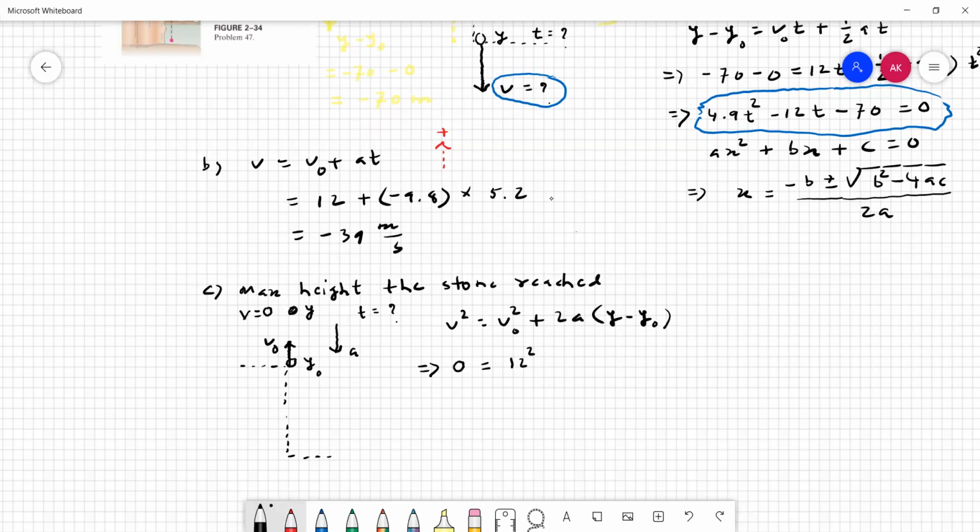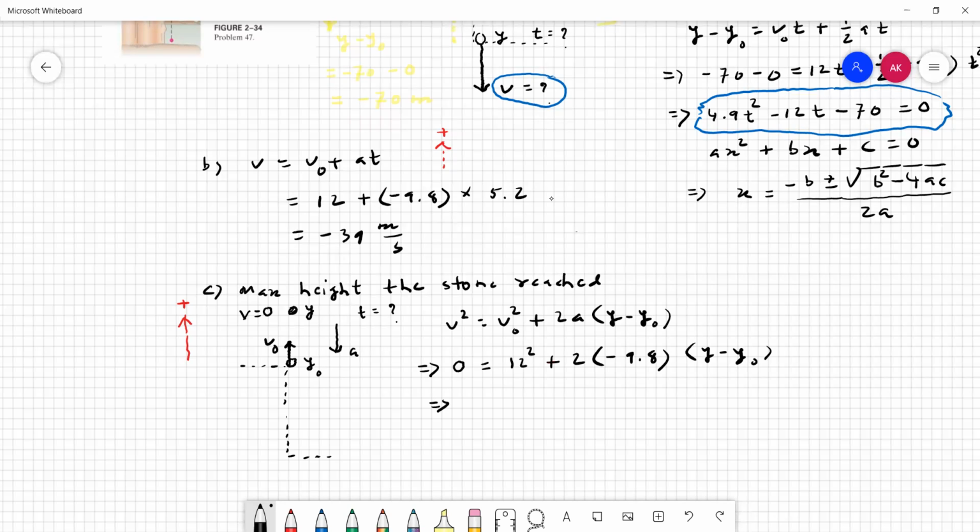I haven't used a coordinate axis yet, but again, it's always best practice to show the coordinate axis right there, so that I know initial velocity is plus 12 squared, and this one is 2 times negative 9.8, and we are looking for y minus y naught, the maximum height actually.